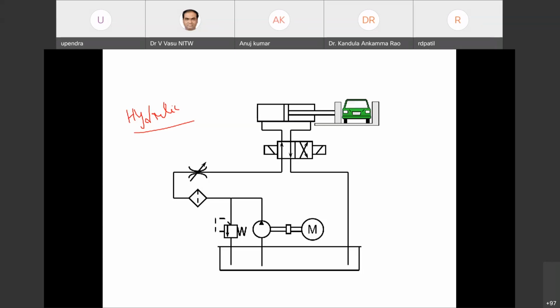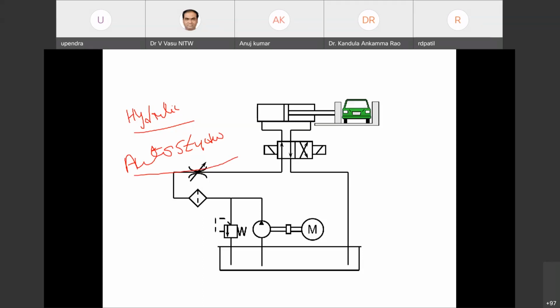Okay, so we have one software called Automation Studio, where we can draw these hydraulic and pneumatic circuits and simulate them for different applications. All your JCBs will have some hydraulic and pneumatic controllers.